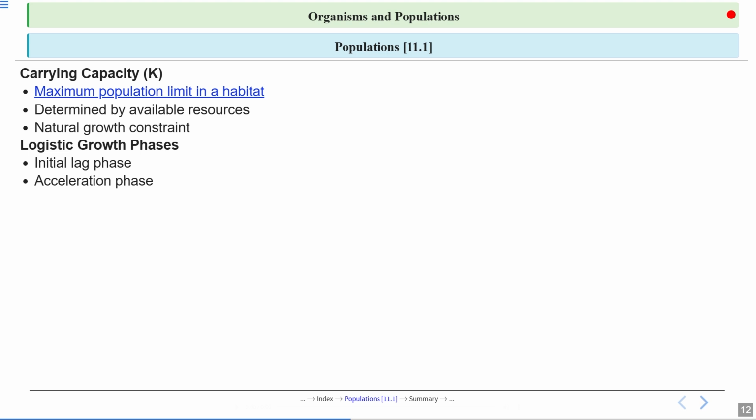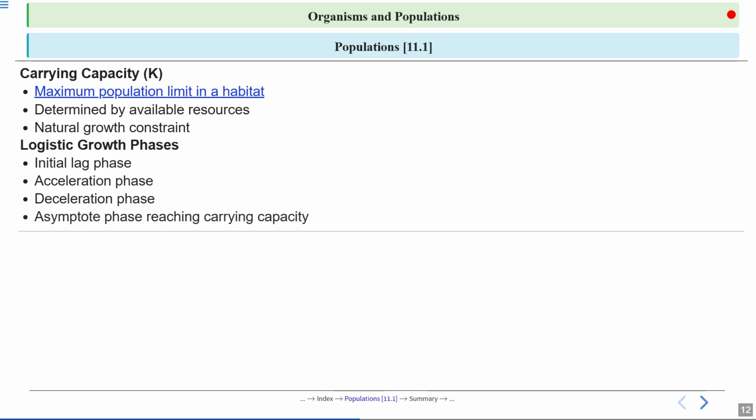Then you have the acceleration phase. Then is the deceleration phase. In this phase, the growth rate slows down as the population approaches the carrying capacity. Then you have the asymptote phase.